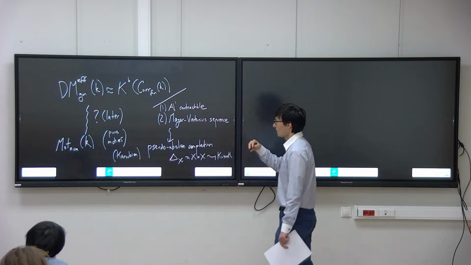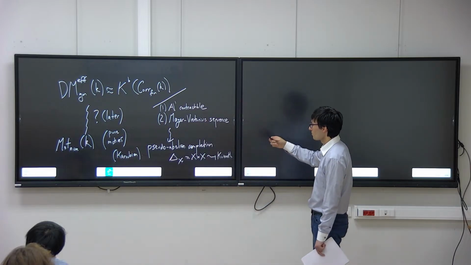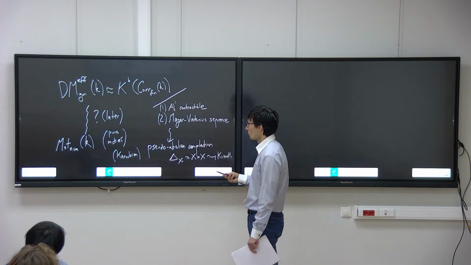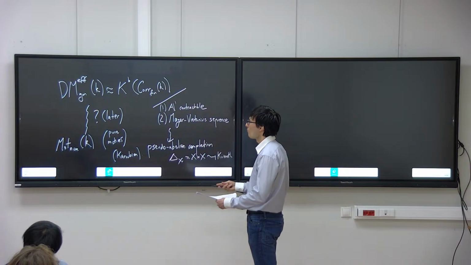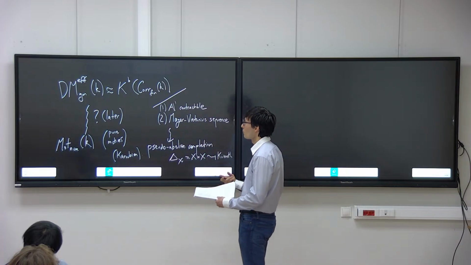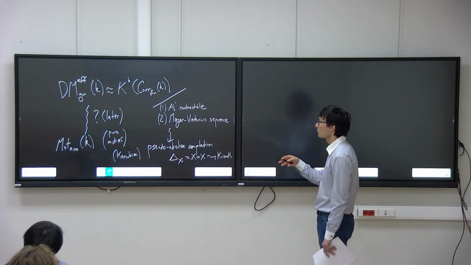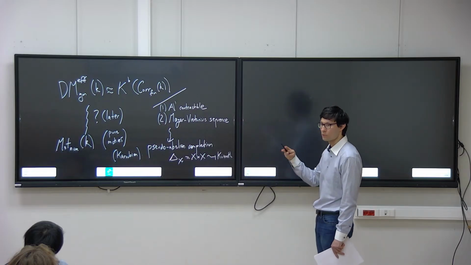And as I mentioned, this setup is not quite powerful enough, and a better framework is to work with sheaves. So you can apply machinery from sheaf homology, sheaf cohomology.